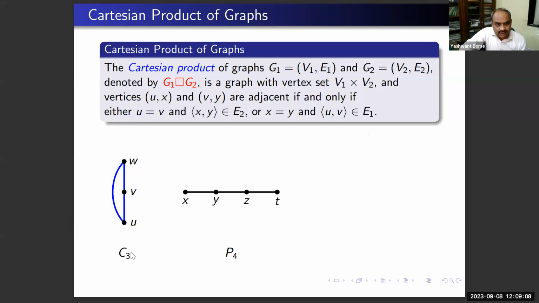Suppose we consider the Cartesian product of the graph C3, which is a triangle, and the path P4, a path on 4 vertices. What we have to do is replace each vertex of the path by a copy of C3, right?